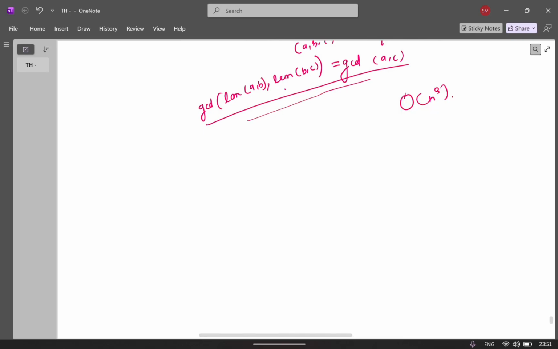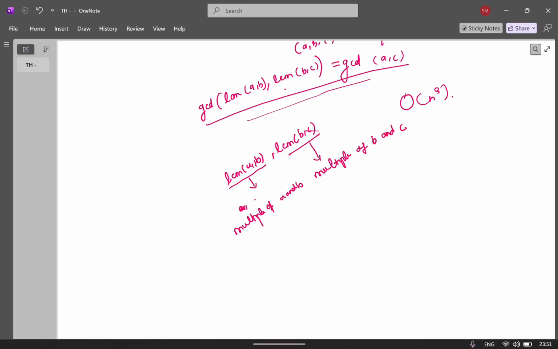To simplify this, let's look at the terms LCM of A comma B and LCM of B comma C. Hear me out, this thing will be a multiple of A and B, and this thing will be a multiple of B and C. So let's assume this to be XB and this to be YB.